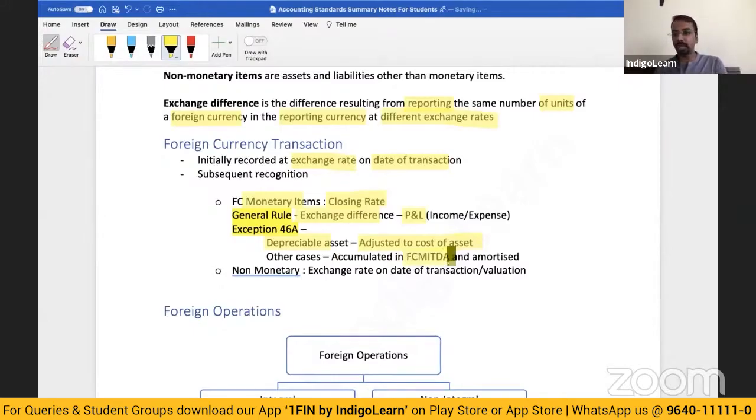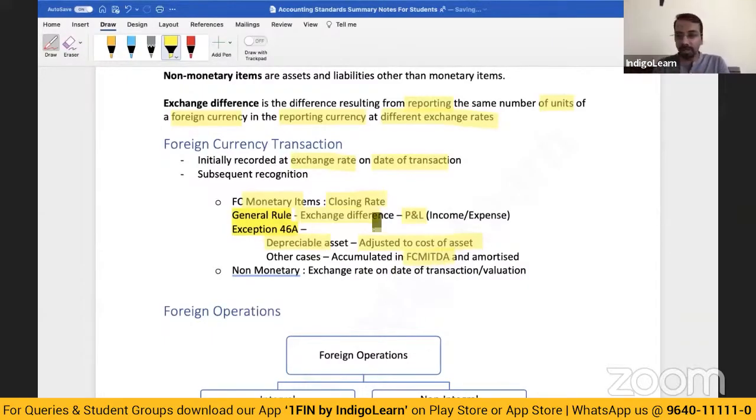What is this FCMITDA account? Foreign Currency Monetary Item Translation Difference Account. You will accumulate in this account and amortize it over the life of that particular asset. So this is the rule that is generally followed.